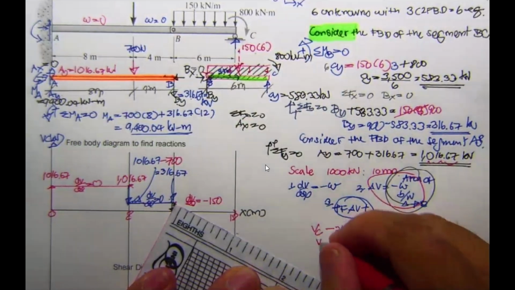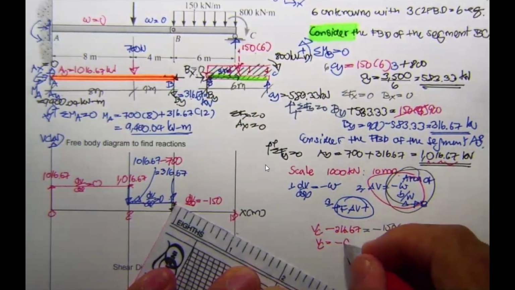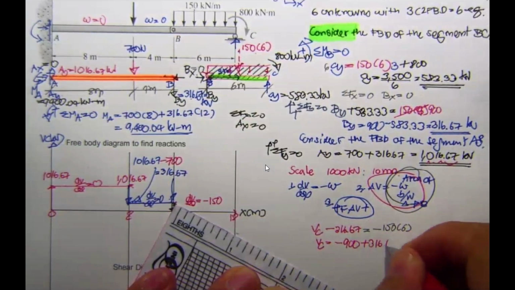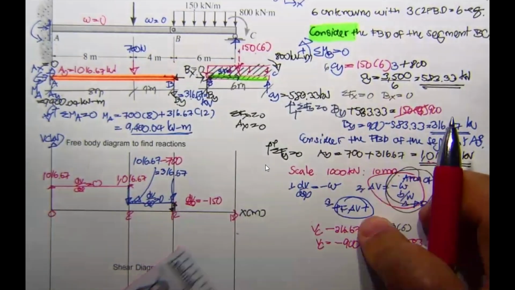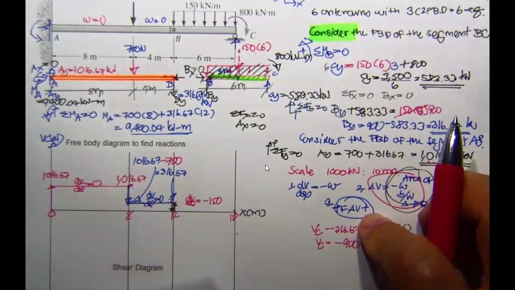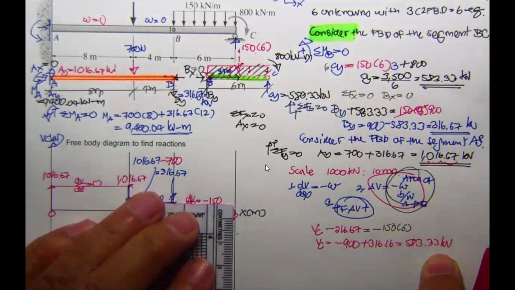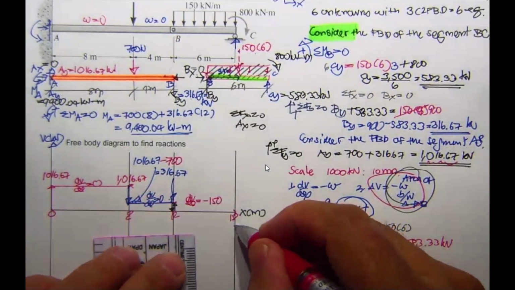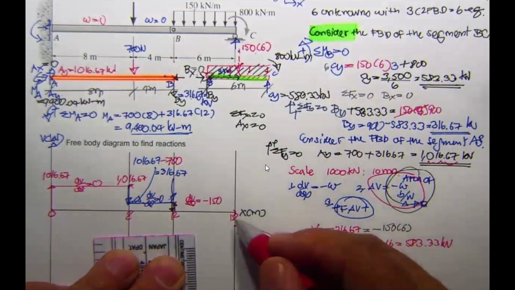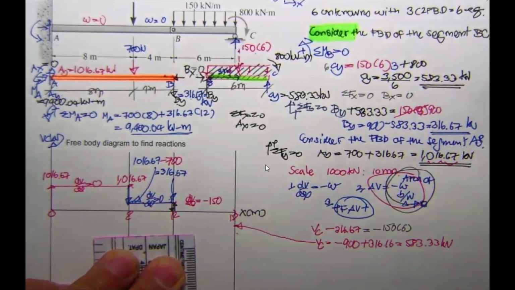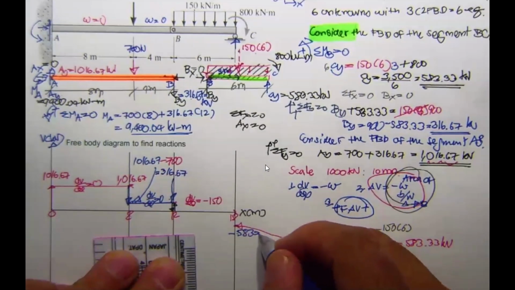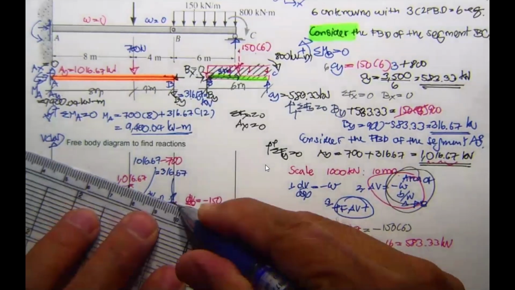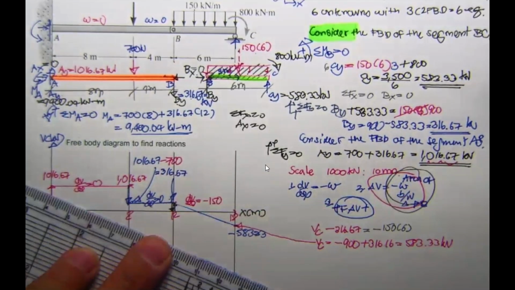So our V sub C is going to be minus 900 plus 316.67, which is 583.33 kilonewton down here, about 5.8 on the scale, and this is going to be your V sub C. It's better to indicate it as minus 583.33, and then you're going to get a curve like this.